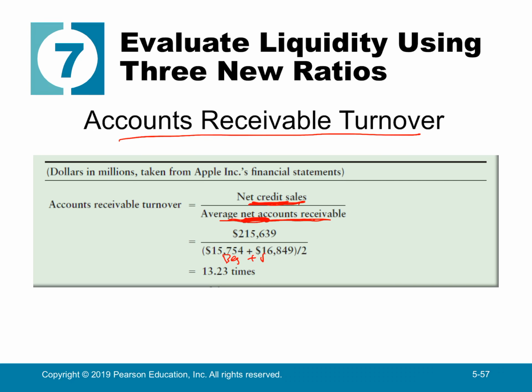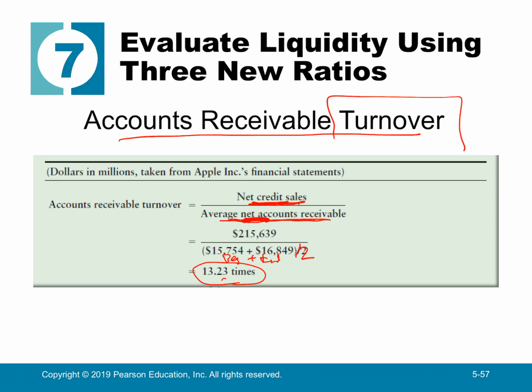You're just doing the beginning plus ending, dividing by 2. Okay, so that's how you get that. If you do the math here, you'll get this turnover of 13.23 times. So think of it like, on average, you collected 13.23 times your average account receivable into your sales, right?